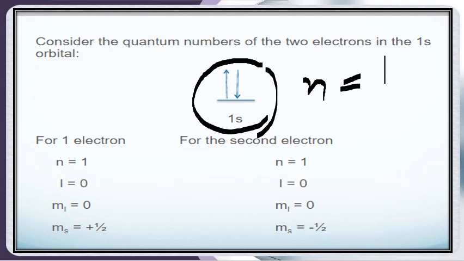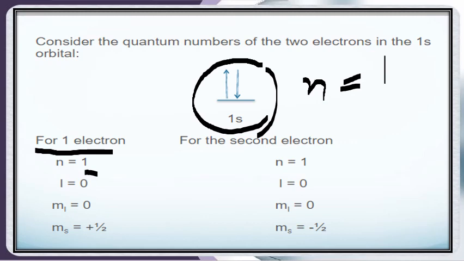Here we have 2 electrons in one s orbital. So how do we locate the address of each electron? For the first electron, you will find the value of n is 1. As I told you, in 1s, 1 represents the number of the shell.